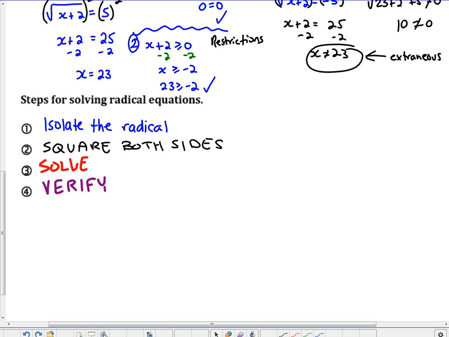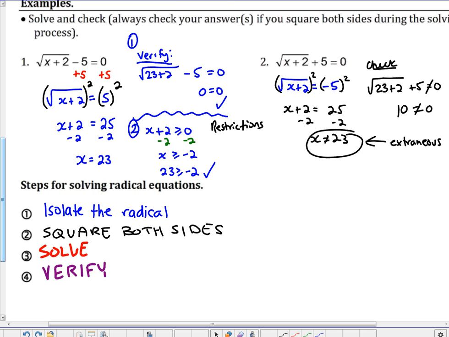Not necessarily. In this last example, we got positive 23 and it was extraneous, because we were trying to make this positive equal this negative. So your answer could come out as a positive; just because it's negative doesn't mean it's not an answer, or that it is an answer. Is negative always negative 1? No, not necessarily.